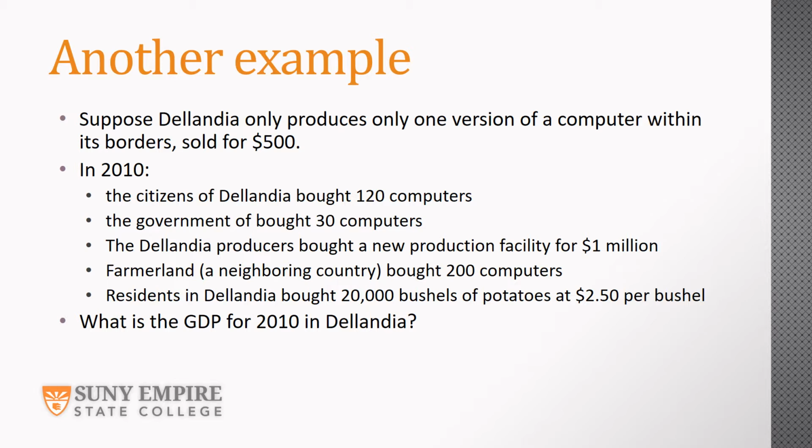The producers of the Delandic computers invested $1 million purchasing a new production facility. The nearest neighbor of Delandia, Farmerland, bought 200 computers. In return, the Delandic residents imported and purchased 20,000 bushels of potatoes at a cost of $2.50 per bushel.